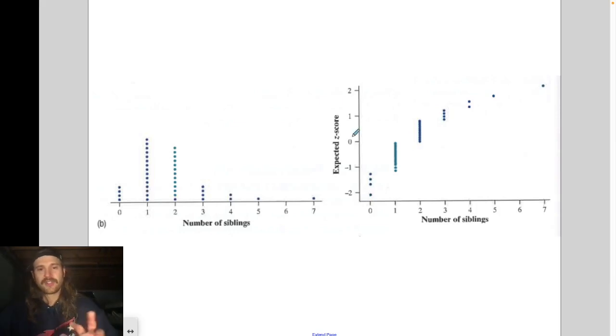Now, some people actually graph these backwards, so I don't want to say that if it's an arc like this, it's always skewed to the right. But as long as expected z-score is on the y-axis, then we don't really have a line. A line doesn't describe this relationship the best. If you were to follow along, it's not a line that describes it best.